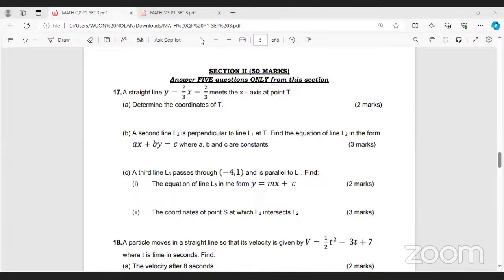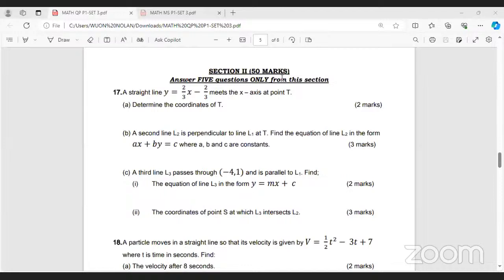Like L1 was y is equal to 2 over 3x plus 2 over 3. That is L1. L3 we've gotten as y is equal to 2 over 3x plus 11 over 3.